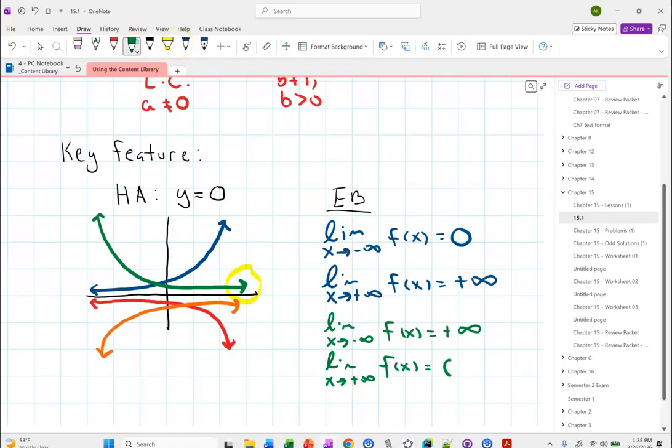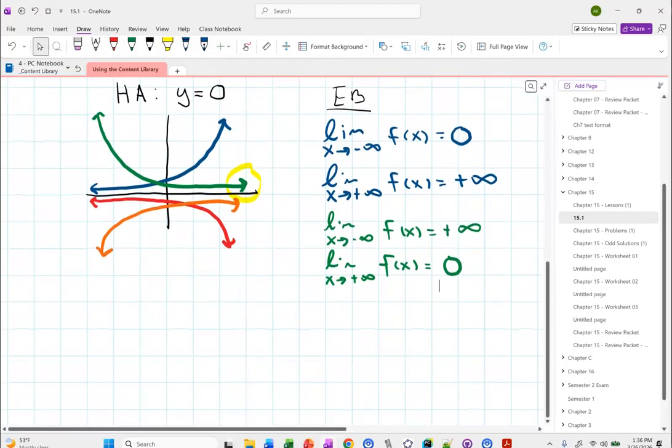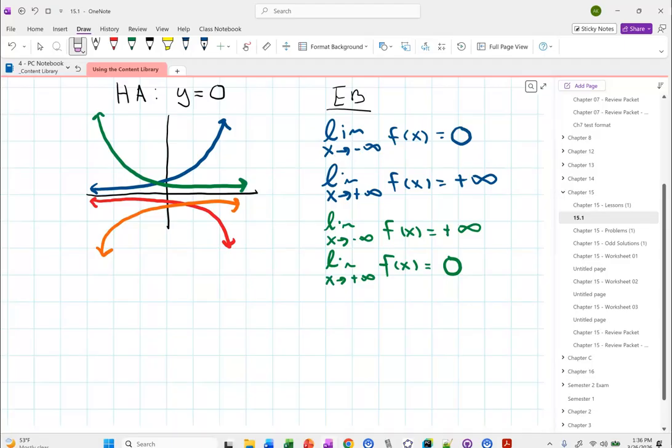Going to 0. It's because it looks like that arrow is following the x-axis, right? Do you agree? Yeah. The x-axis is the line y equals 0. Does that feel okay? Okay.